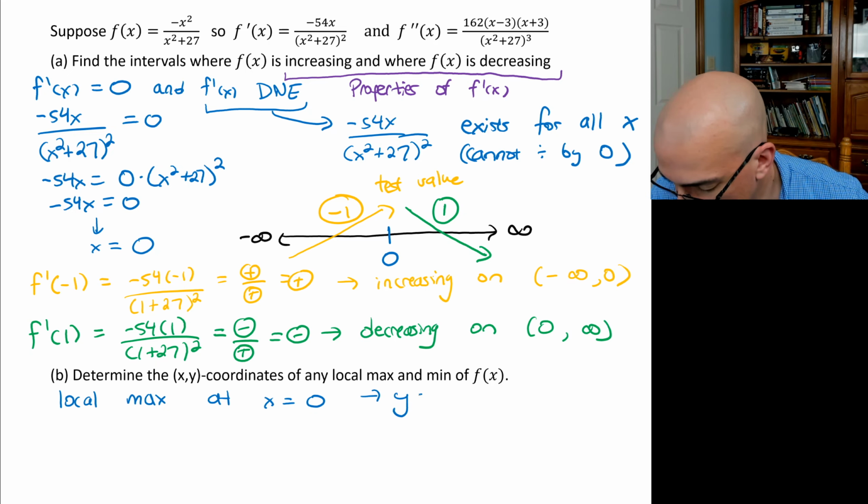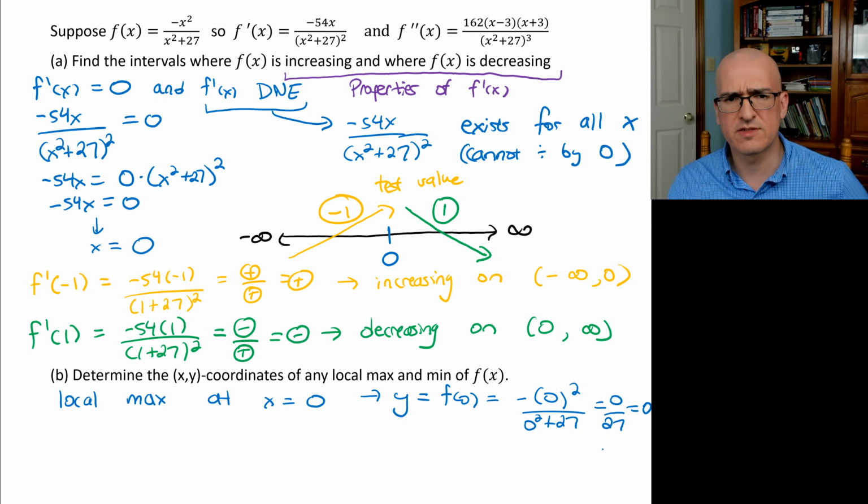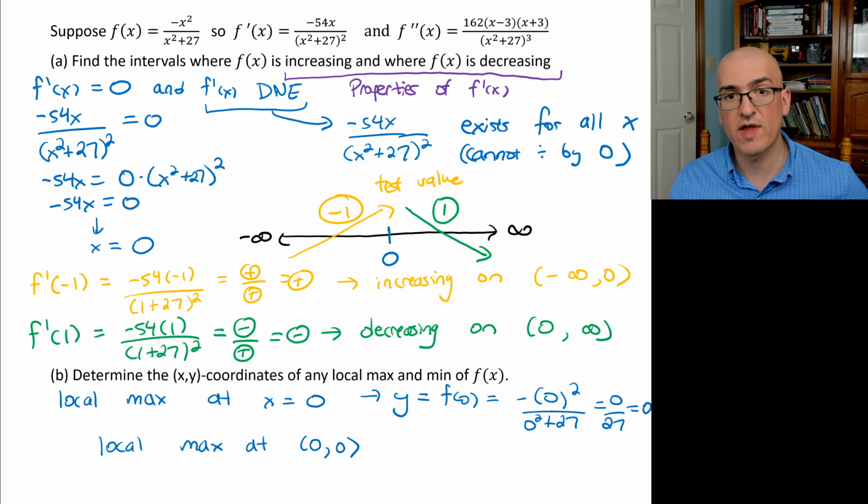The y value will be f of 0, which is negative 0 squared over 0 squared plus 27, which is 0 over 27, which is 0. 0 divided into 27 equal pieces. So local max, just to summarize, at (0, 0). And we'll have to store that for later when we make our sketch.